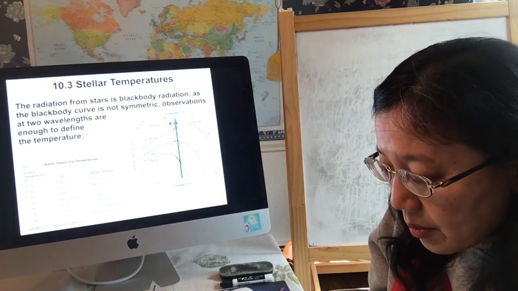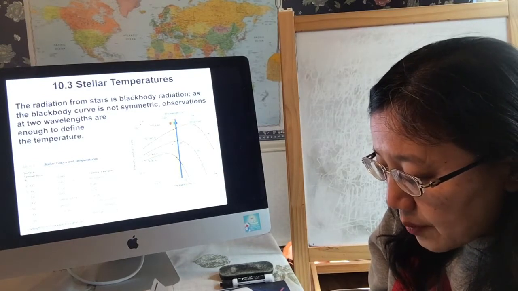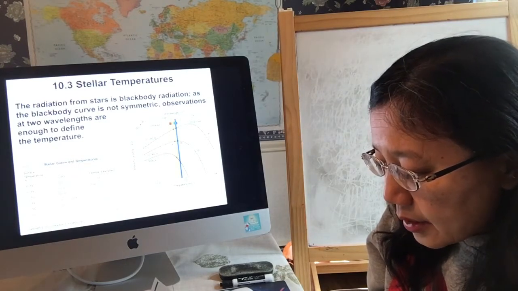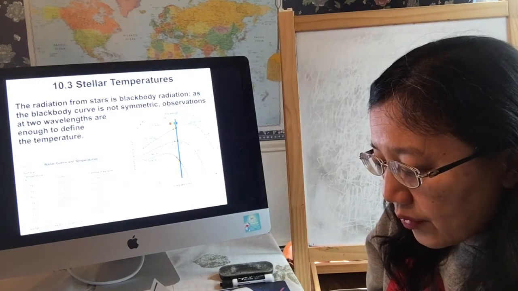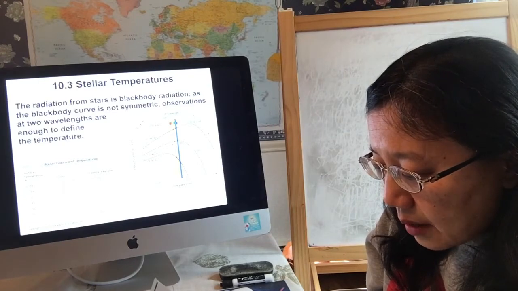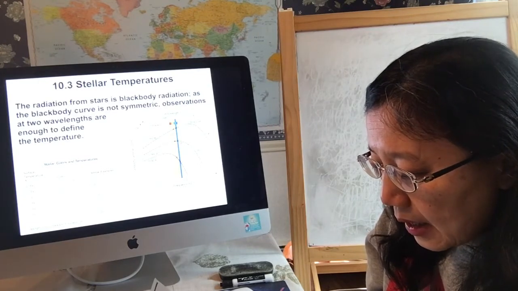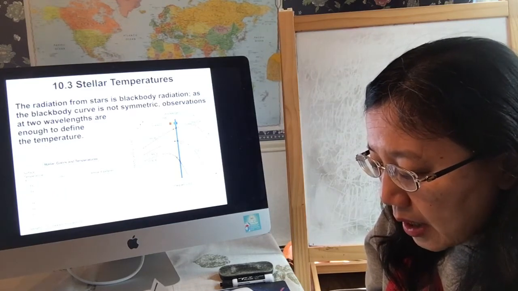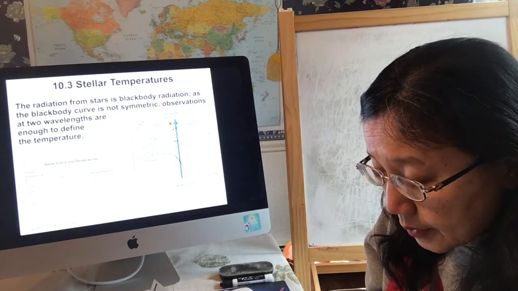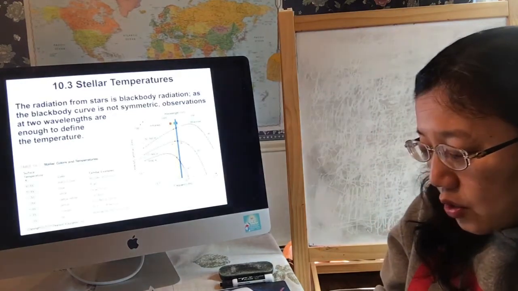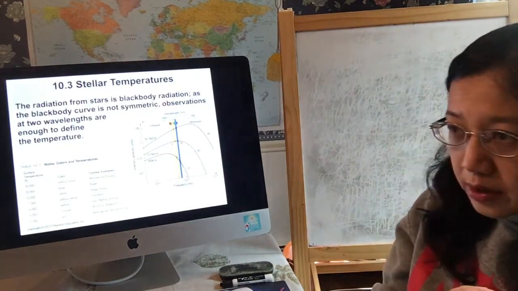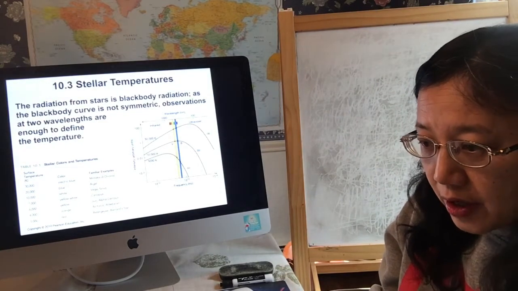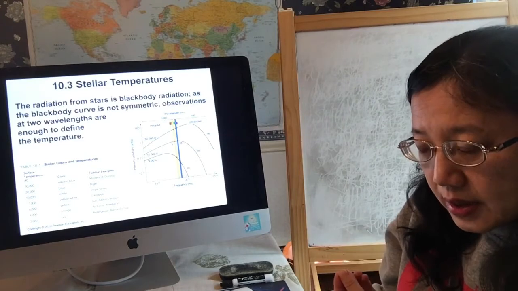Number 11, how must star C be different from star A to account for the difference in energy output? We know that both A and C have the same temperature, but A has much more energy output than C, so that tells you A must be bigger than C. So star C is smaller than star A. Think about what we learned about luminosity, or total energy output, as a function of radius as well as temperature.